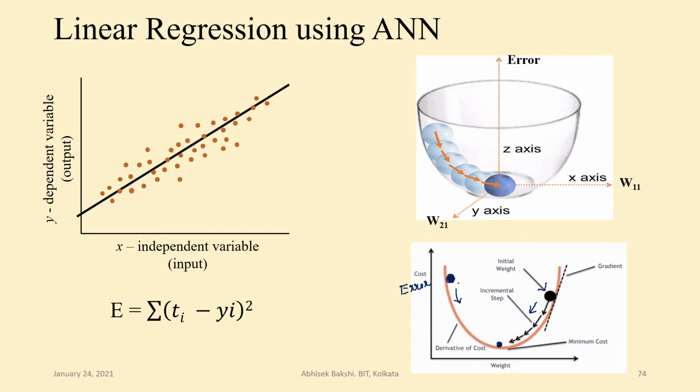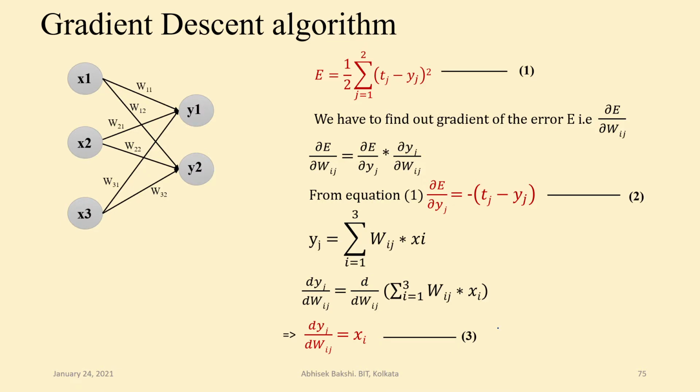It will define how this ball representing the weight gets its position updated and comes to this point where I have a global minimum. Anyway, let's dive into the gradient descent algorithm.